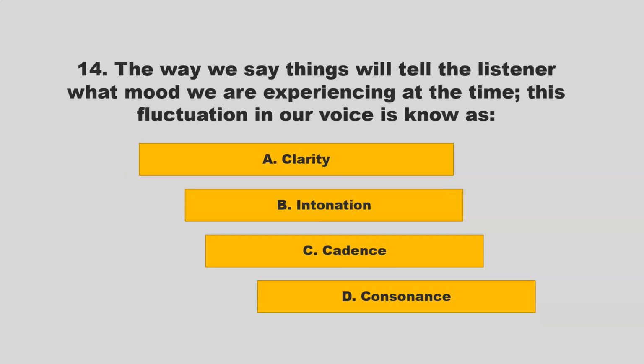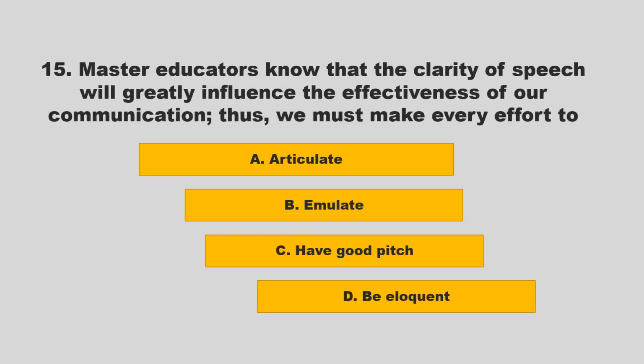The way we say things will tell the listener what mood we are experiencing at the time. This fluctuation in our voice is known as, is it clarity, intonation, cadence, consonance? If you chose B, intonation, you are correct.